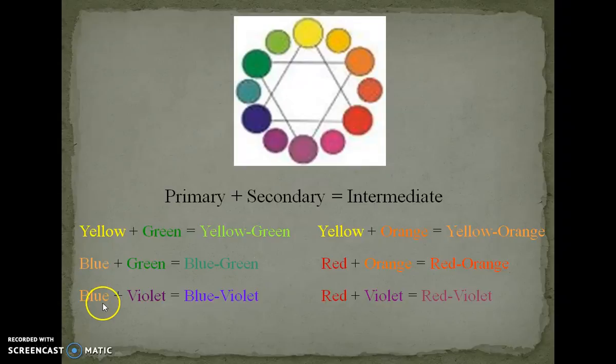When you mix blue and violet, it becomes blue violet. When you mix yellow and orange, it becomes yellow orange. When you mix red and orange, it becomes red orange. When you mix red and violet, it becomes red violet.